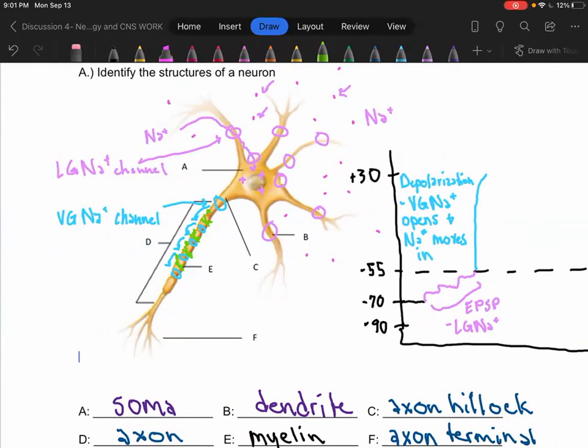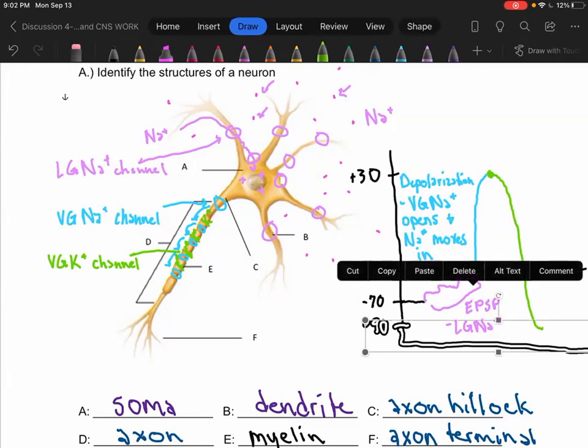But when that sodium moves through, those voltage-gated potassium channels open because of that change in voltage from the sodium. So these over here are the voltage-gated potassium channels that have just opened after that depolarization. So that looks something like this.